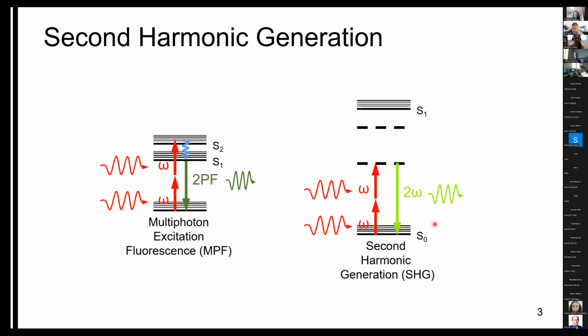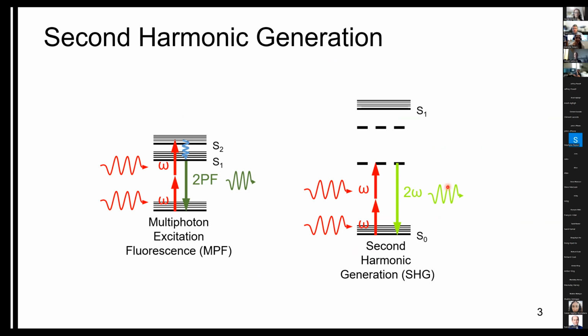So quantum mechanically, what is happening? Each SHG event consists of two photons nonlinearly interacting with matter to coherently produce a single photon. Now, unlike single photon excitation fluorescence or multi-photon excitation fluorescence seen here, SHG is a parametric process, which means that it does not rely on real electronic states, but rather virtual levels.